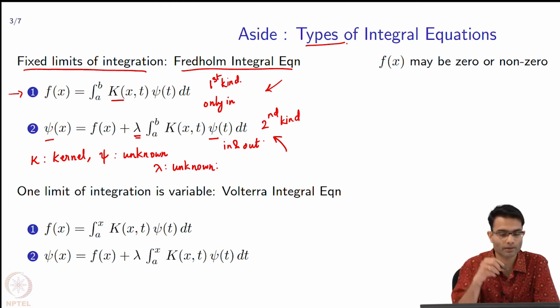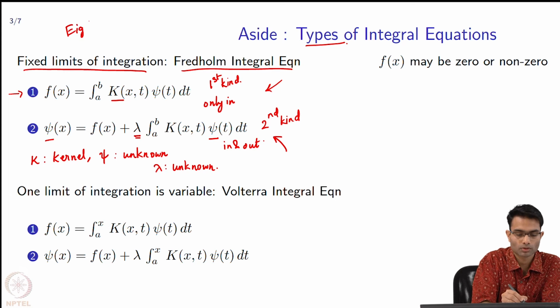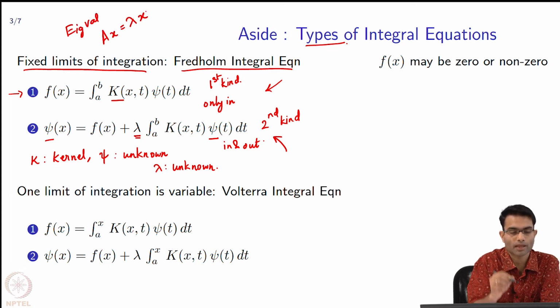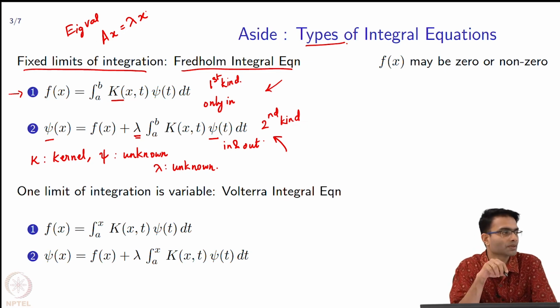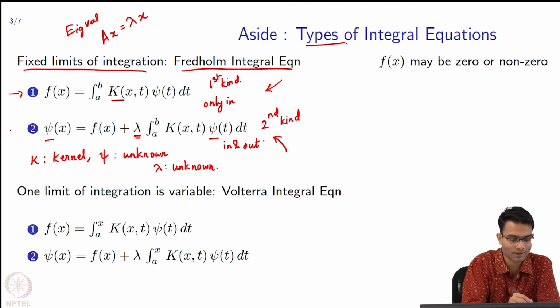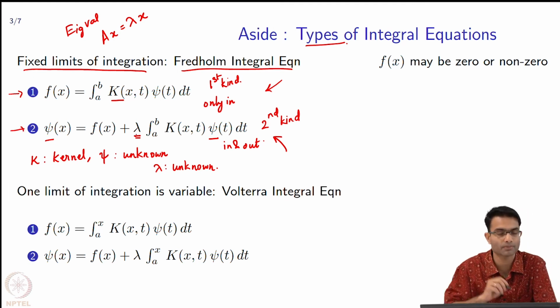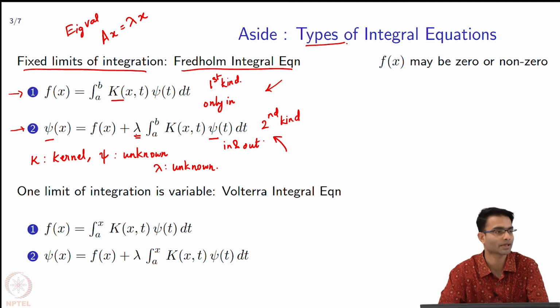When you write an eigenvalue problem, you write Ax is equal to lambda x, and when you write this equation, you do not know x and you do not know lambda. You solve for both one by one, right. So, we have encountered such equations where there are two unknowns. This is a generalization of that, where this lambda parameter is also unknown. You can think of it as an eigenvalue.